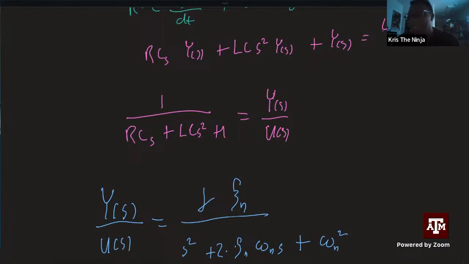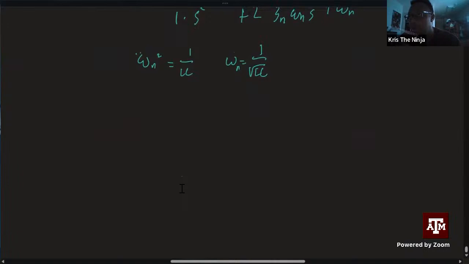Oh, that's what happened. So what I did to get 1 over LC is I just made the 1 equal 1 over LC.